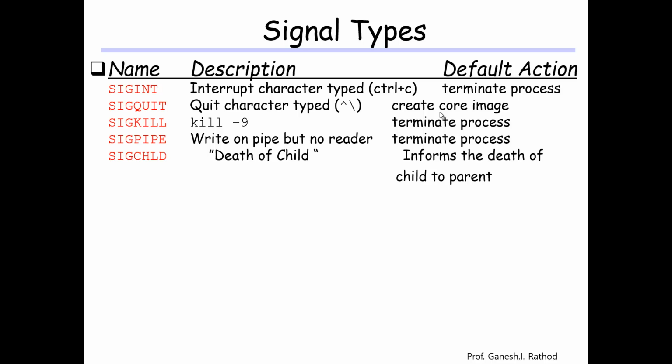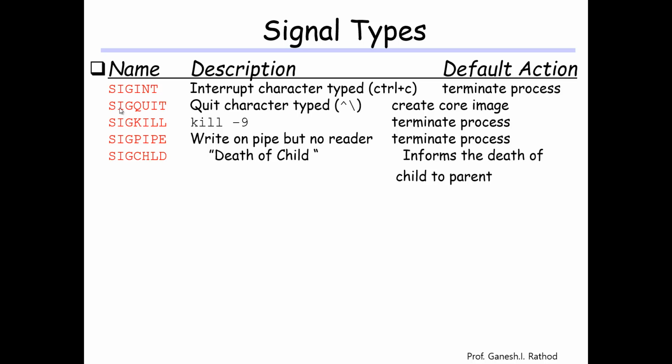A file named core is created in the current directory and what the process was doing is dumped into it, and then the process is terminated. That is what happens when you press Ctrl backslash: the SIGQUIT signal is sent to the process.